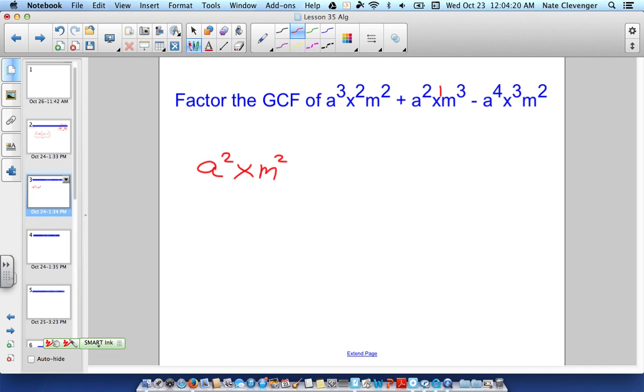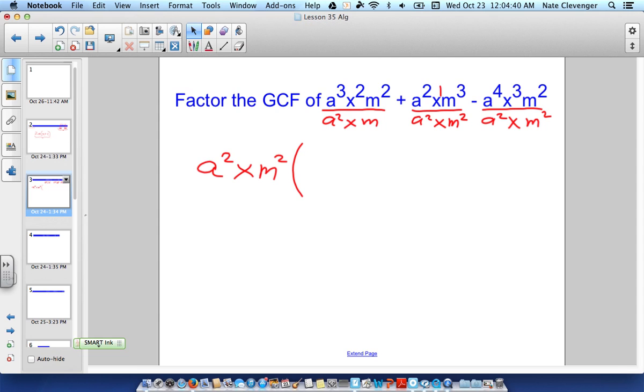Now we're going to divide those out of each term. I'm not expecting you to do this, but I'm going to do it for one more example just to show you how this works. I'm going to put each of these terms over the greatest common factor, and then we essentially reduce. If I take a cubed and take 2 of those a's away from a cubed, that leaves me with 1 a left over.